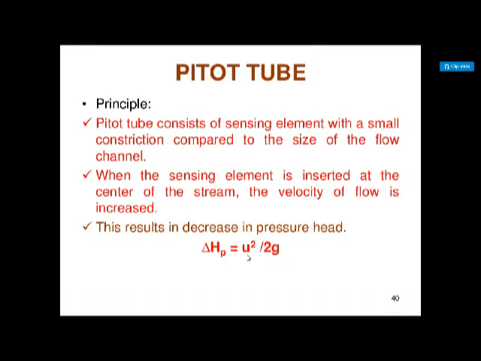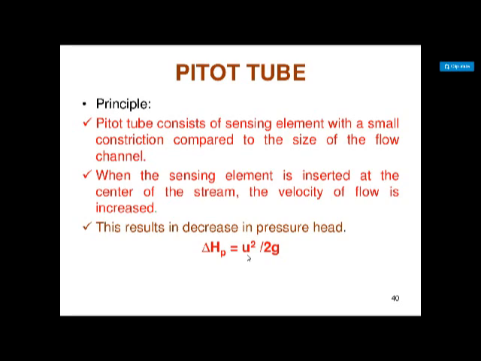Therefore, it is called a variable pressure flow meter. The change in the pressure is measured by the manometer, and therefore this is a type of flow meter which gives the results according to the changes in the pressure.